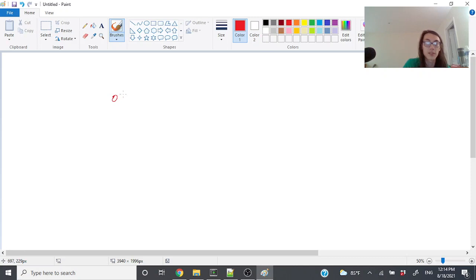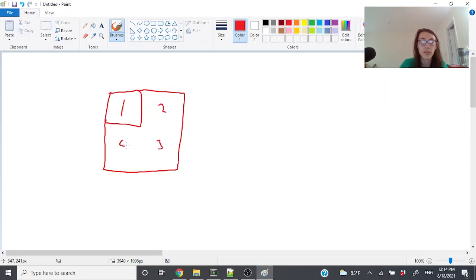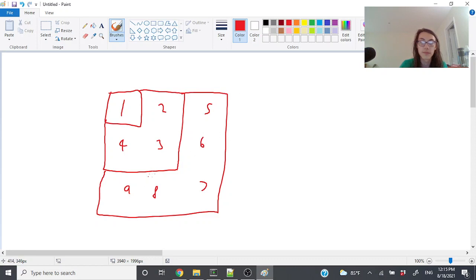I'm zoomed out. So the first square is just 1. Then the second square consists of the numbers 2, 3, and 4. Then the third square consists of all of these plus the next few. And so on.